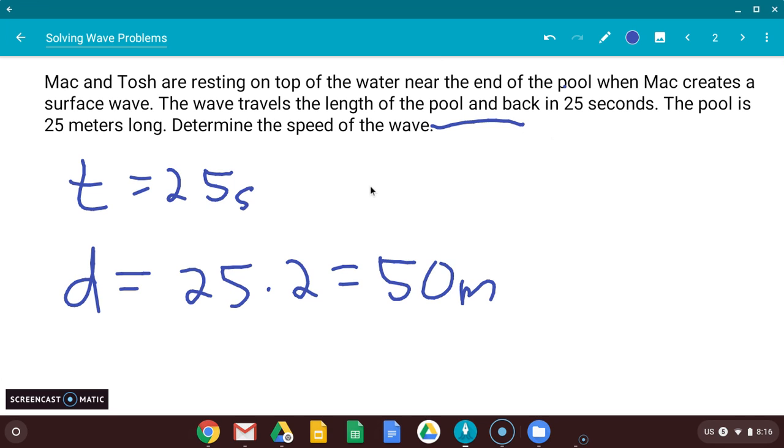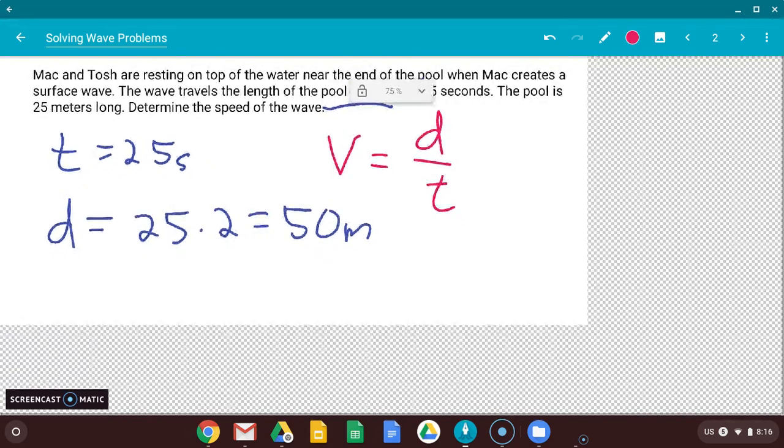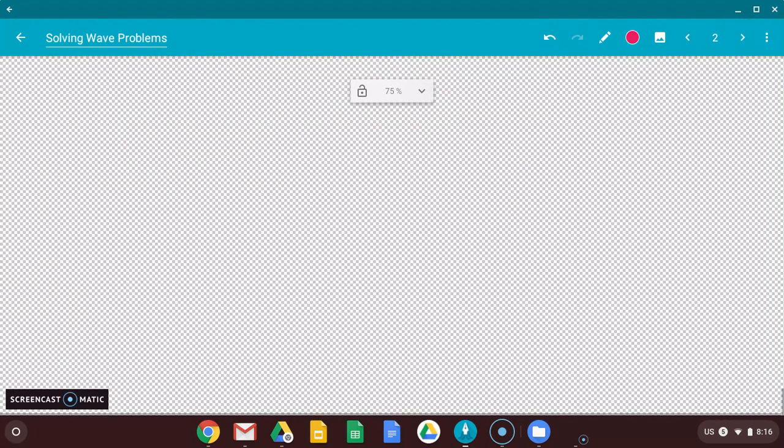Either way, you've got to do one of those two things. You don't always have to do that, it's just something to watch out for. They really like using the fact that you've got to either double something or cut something in half, like d or t, in a lot of these wave problems that just use our old equation, v equals d over t. So technically, we didn't even need any of the new equations for this problem because of the nature of it.